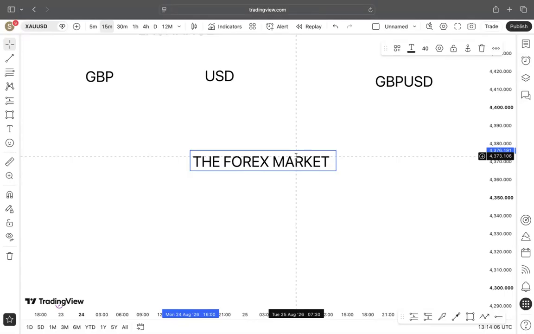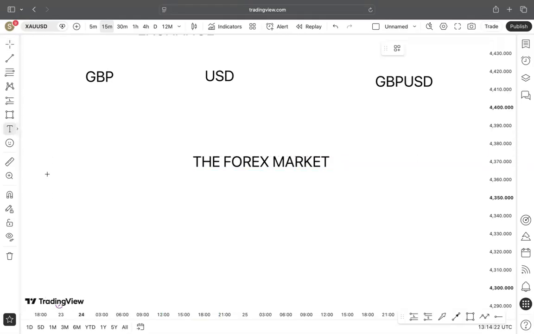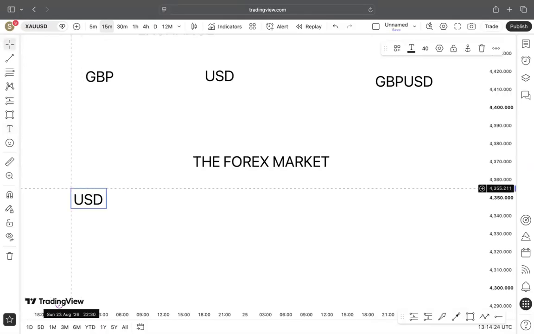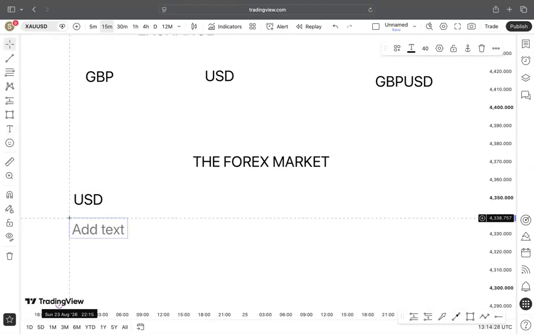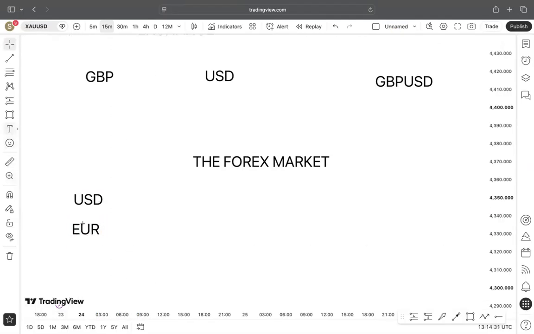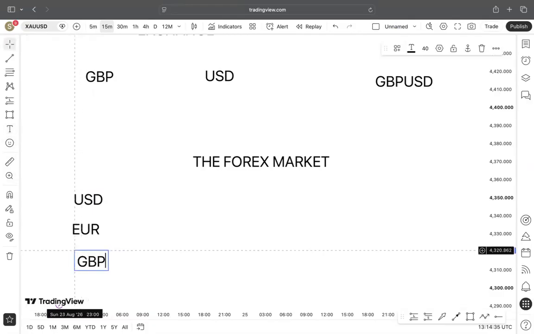So the forex market is the global financial market where currencies are bought and sold one against the other. Examples of currencies that are traded in the market include our normal currencies. We have the USD, which is the United States dollar, you have the euro, you have GBP, and many others.